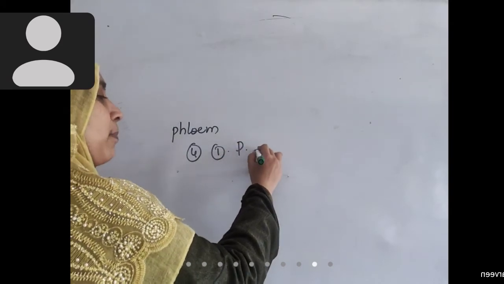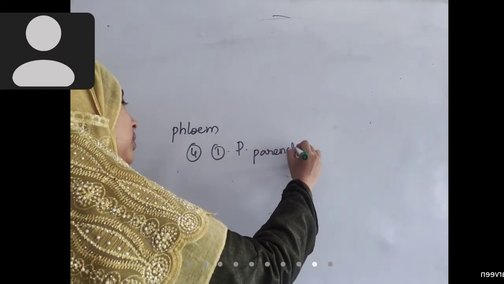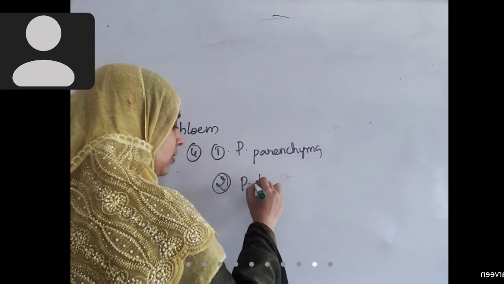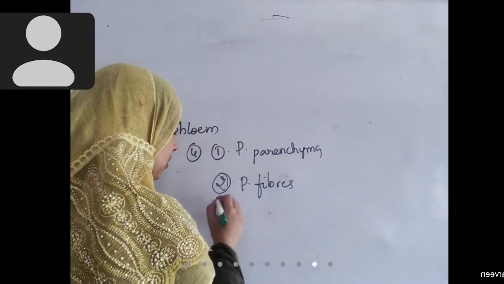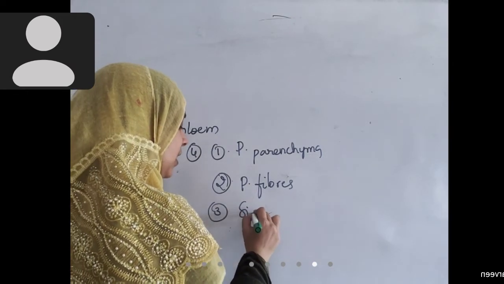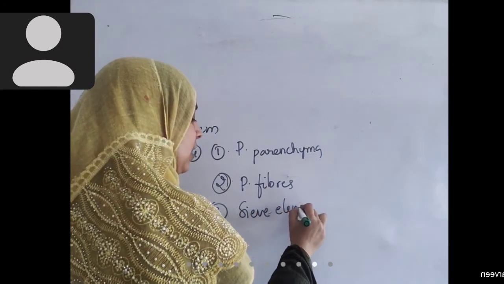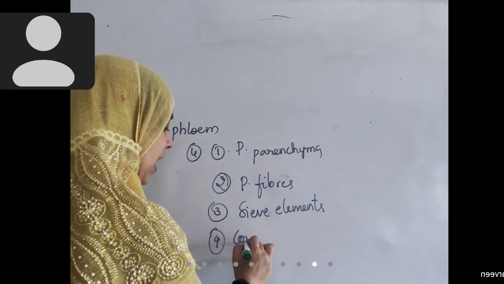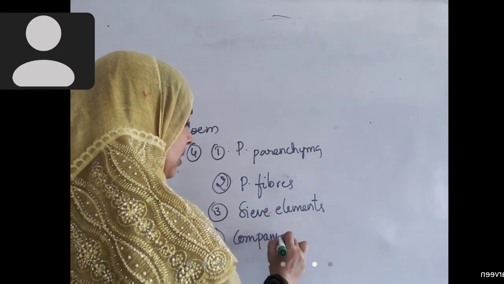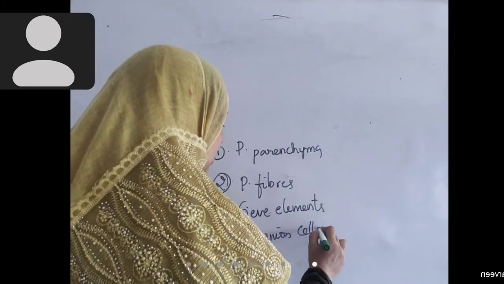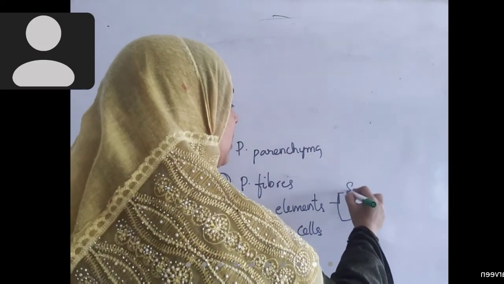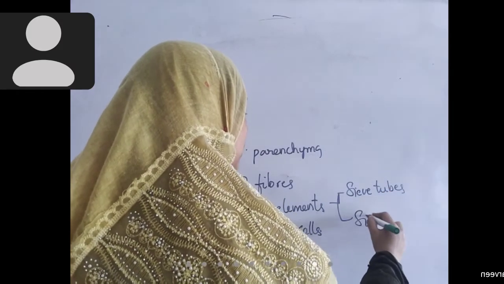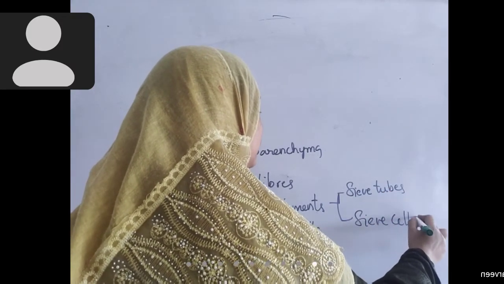One is phloem parenchyma, phloem fibers, sieve elements, and companion cells. The sieve elements can be sieve tubes or sieve cells.